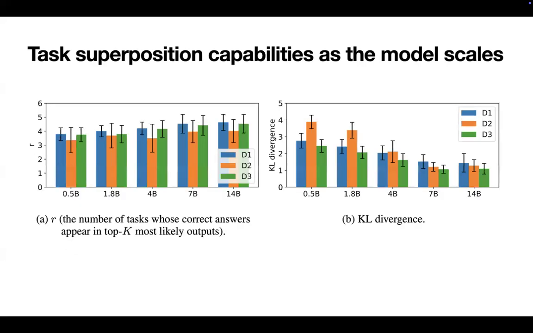And we consider Qwen models, which have a scale from 0.5 to 14 billion parameters. We plot the R values and the KL divergence. And we also use 3 different task example distributions. For D1, it is the uniform distribution.